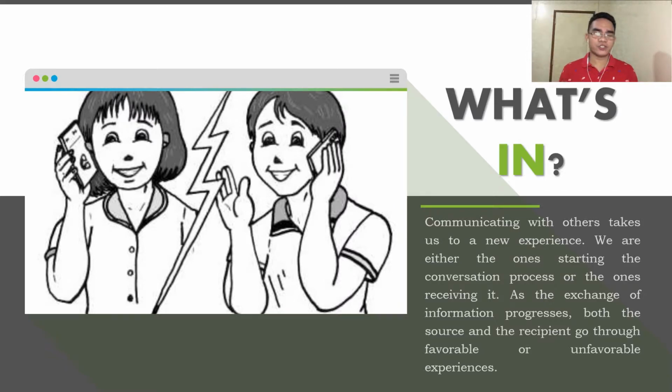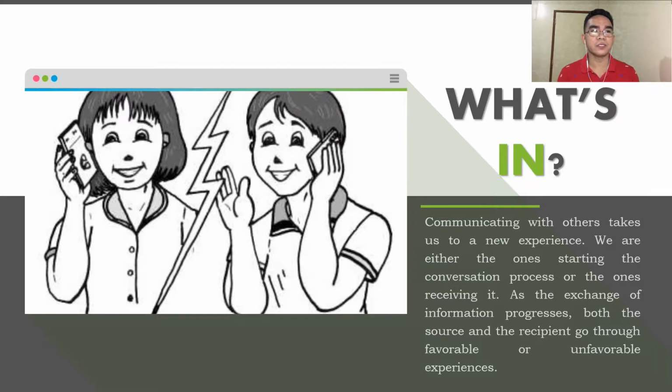As the exchange of information progresses, both the source and the recipient go through favorable or unfavorable experiences. Let me tell you this. Once we do communication or have an interaction with someone else, the result will vary. What do you mean by that?